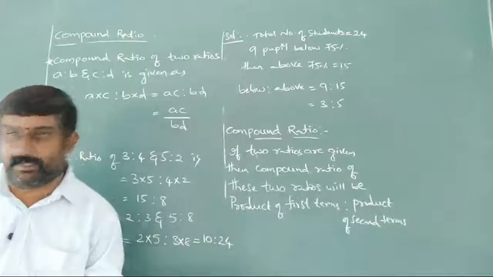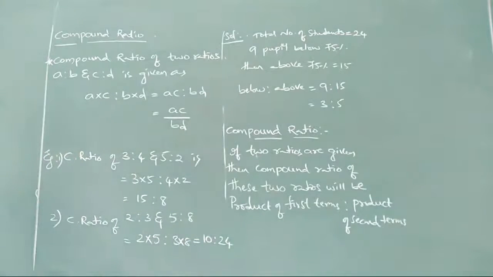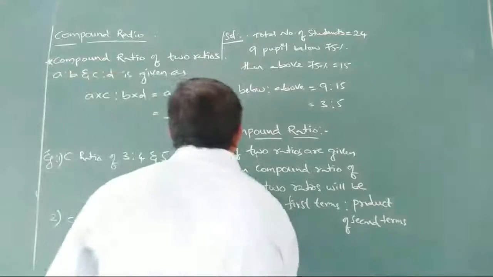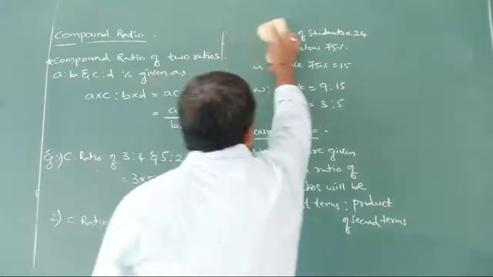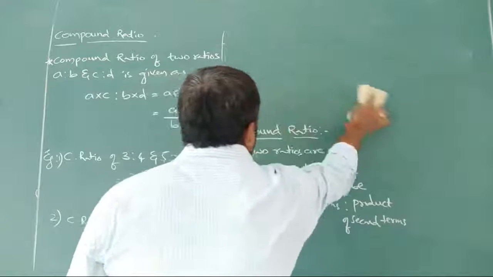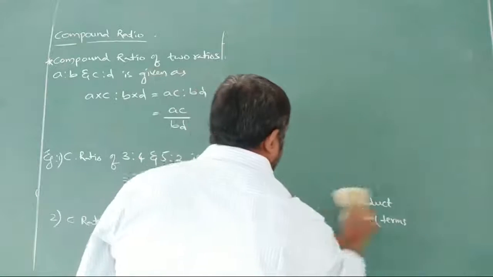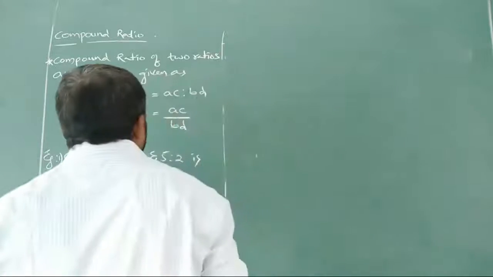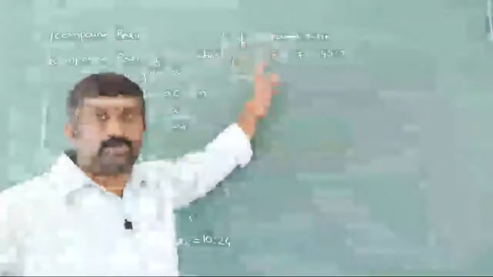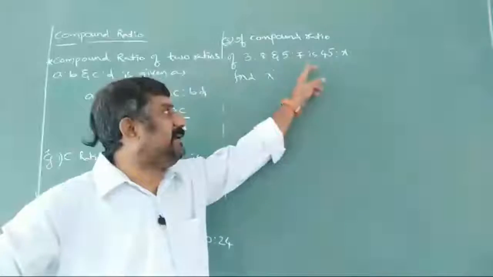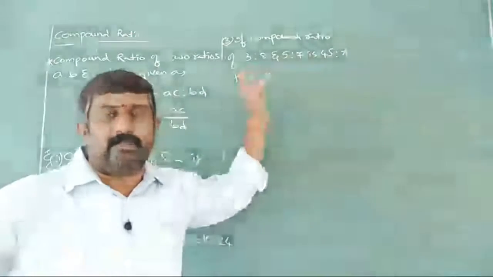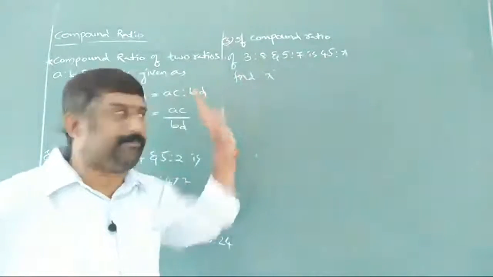Just one more example we'll take here. If the compound ratio of 3 is to 8 and 5 is to 7 is 45 is to x, now we need to find x here.